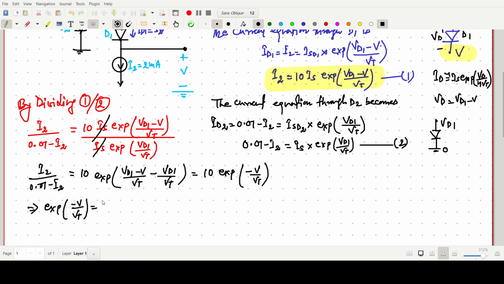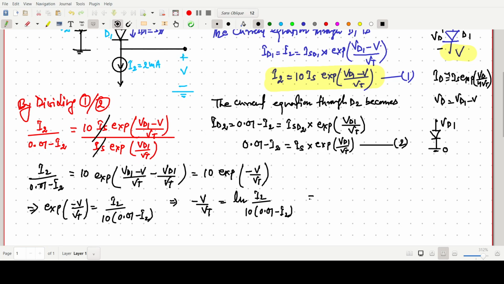Here is 10, so if it goes to this side, it becomes I2 by 10 times of 0.01 minus I2. Very simple, initially we have to find this V. VD1 we had taken as unknown, but this VD1 will be cancelled out.